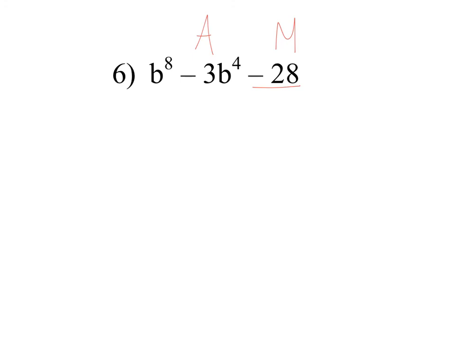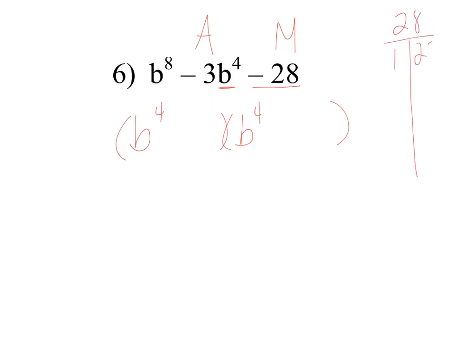As a quick trick, remember this is b to the 4th, so each one of these has a 4 on it. We figure out our factors of 28. So 1 and 28, 2 and 14, 4 and 7. Okay, you look at them.